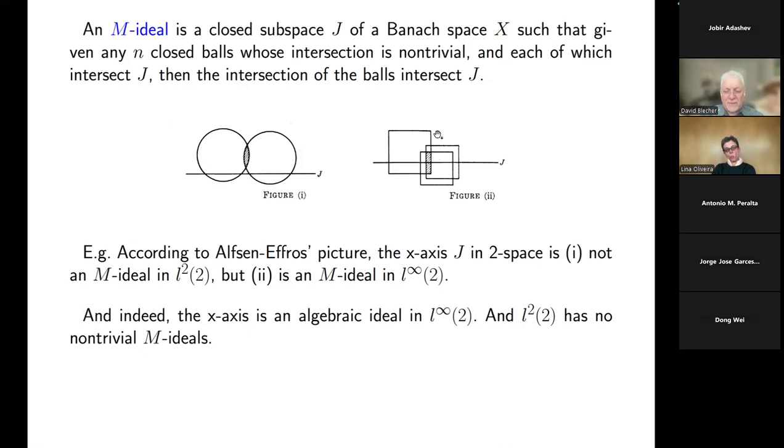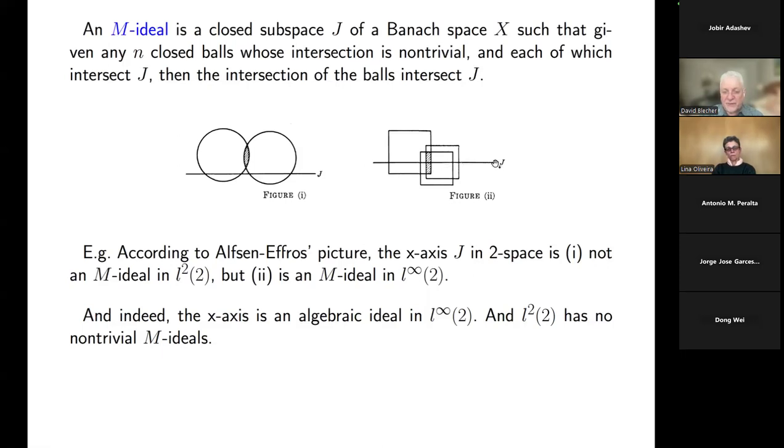Whereas if you take the same plane but with the infinity norm, then you can see if you have a bunch of balls, the balls in the infinity norm look like this. All of the balls intersect each other, and each of them intersects the x-axis, and the intersection of all the balls, which is this shaded area, is then forced to intersect the x-axis.